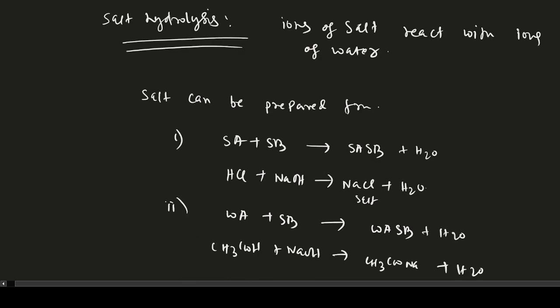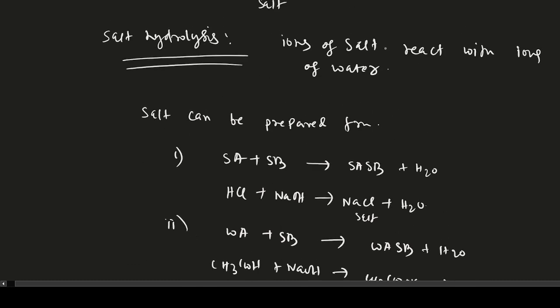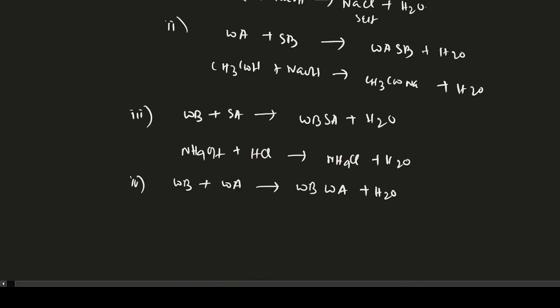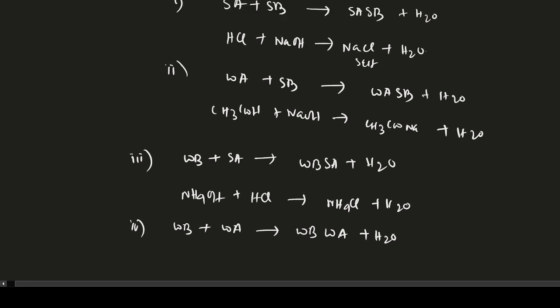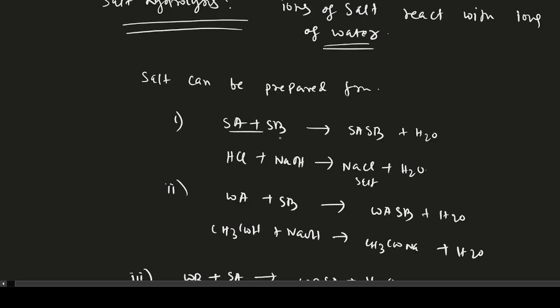In salt hydrolysis, the ions of the salt react with the ions of water. This reaction happens well when the weak component is present. Here there is no weak component, both are strong neutral components, so this will not give salt hydrolysis.